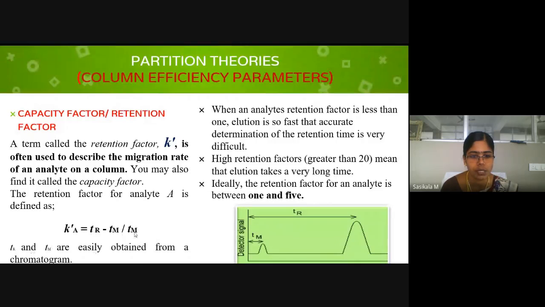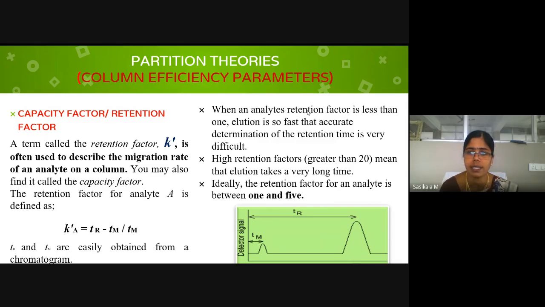These two values are obtained from the chromatogram. You can see this is the chromatogram, where we can find migration time and retention time, from which the retention factor is calculated. It says how long your analyte is staying in the column. That is the migration rate of an analyte in the column.